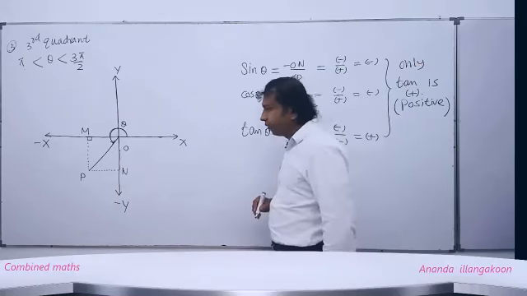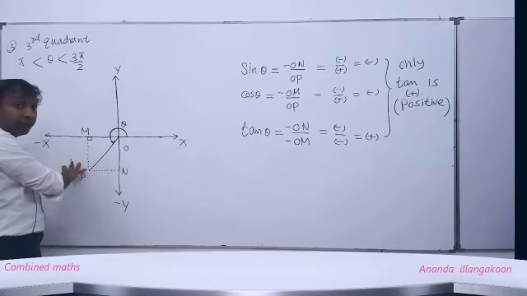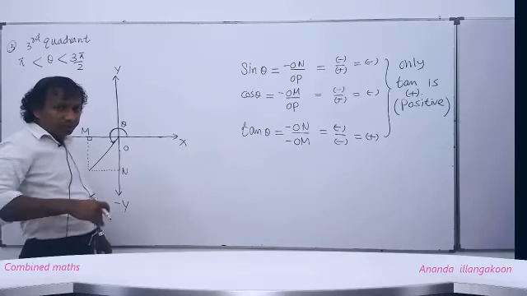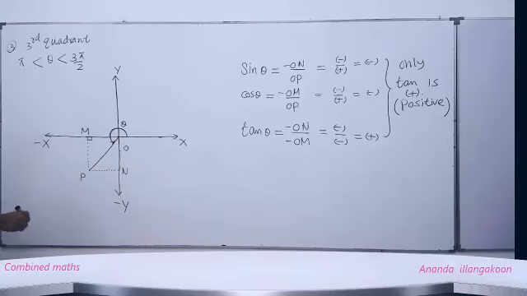Then we said what? First quadrant all positive, second quadrant sine positive, third quadrant now tan only positive. We'll see the fourth quadrant now. Come to the fourth quadrant.